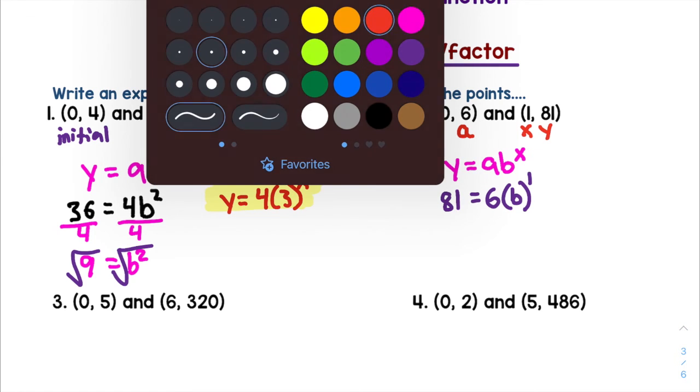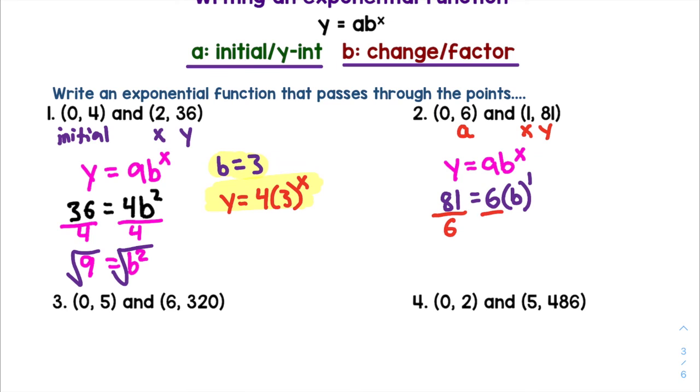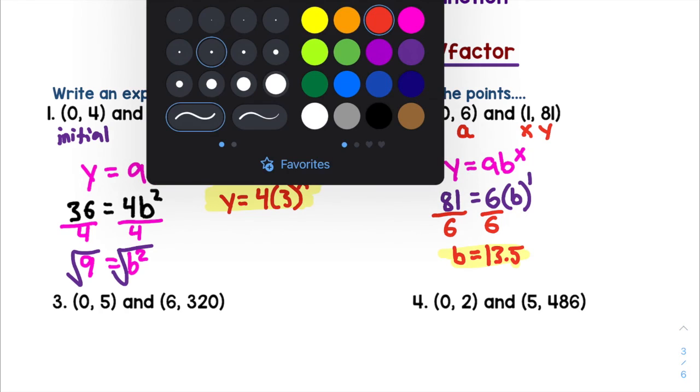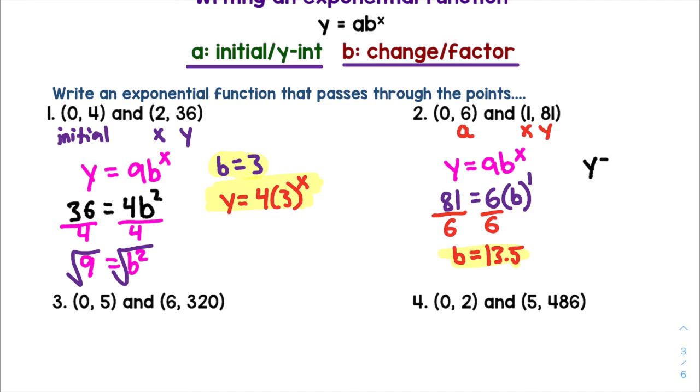We're going to divide both sides by 6, in which 81 divided by 6 is 13.5, leaving us with b to the first, or just b, is 13.5. Once you find the exponential factor, we're going to then write our exponential function by plugging in our initial, which is 6, and our change factor, which is 13.5, to the x power.